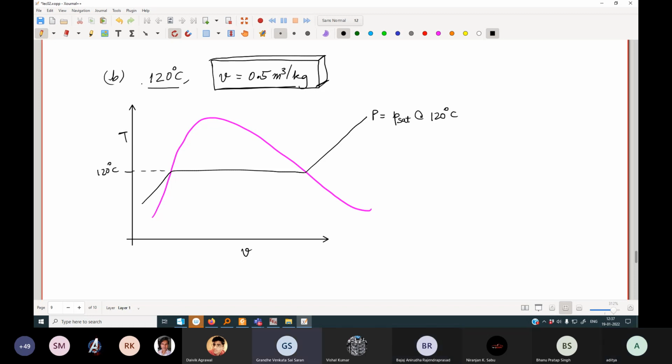For this, I guess we can initially find V inside at x equal to 0. And based on that, if that volume 0.5 is greater than that V inside, then it is inside the dome, or else it is behind the dome. Okay, correct. So we have been given the temperature. We know what the temperature is. We know what the volume is.